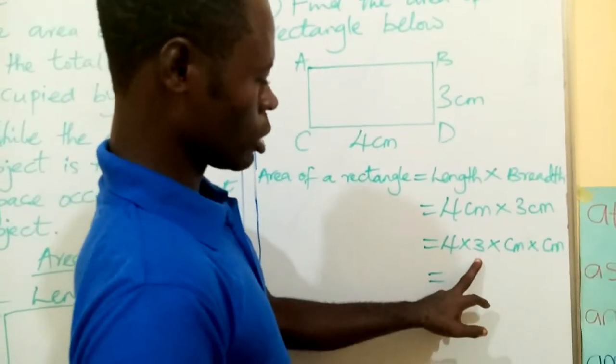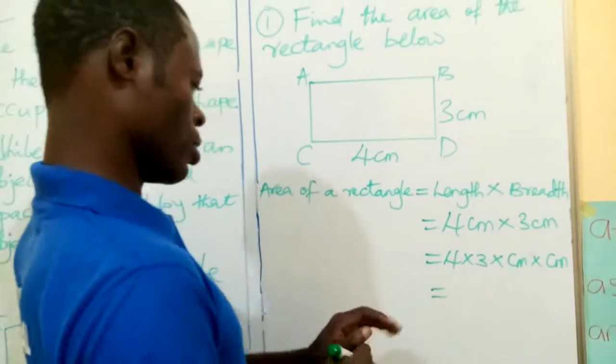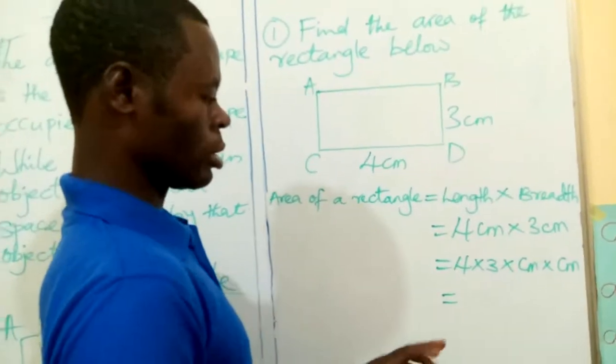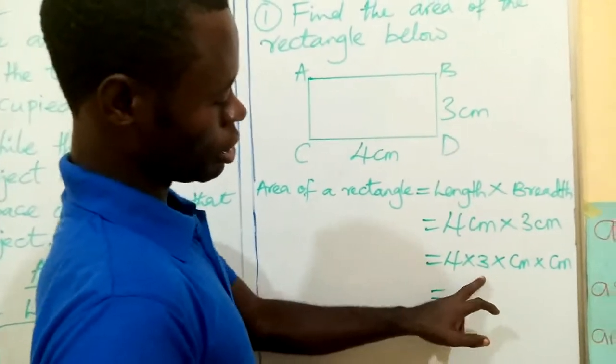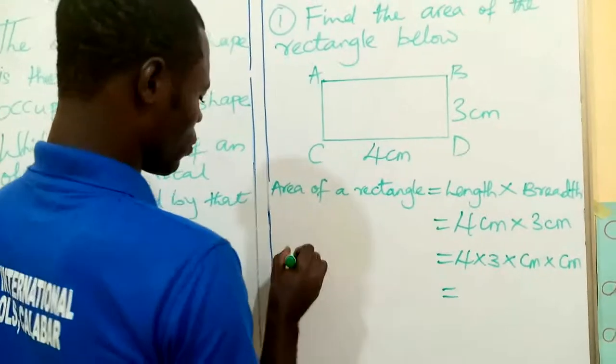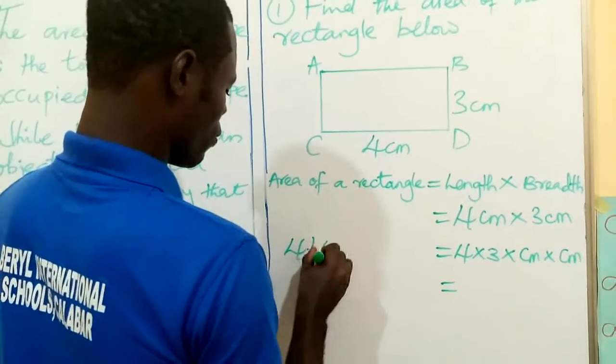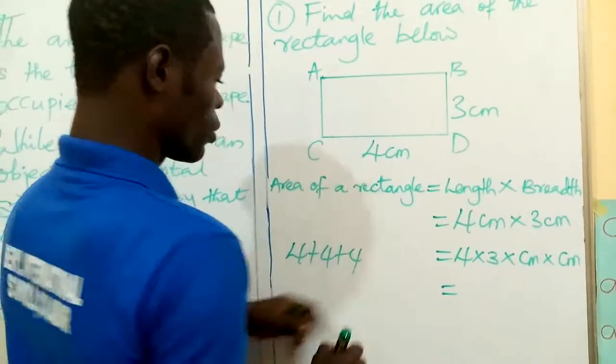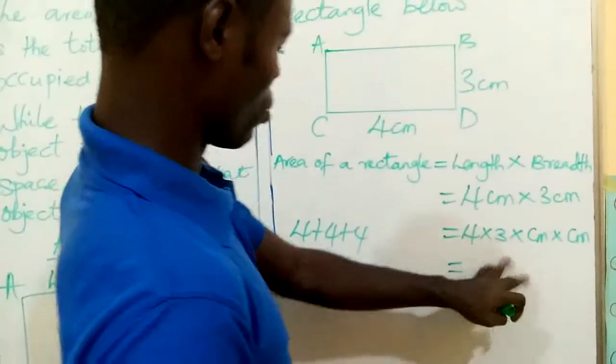Without the use of a multiplication table, you can solve it directly. 4 times 3 means 3 groups of 4. That is 4 plus 4 plus 4.